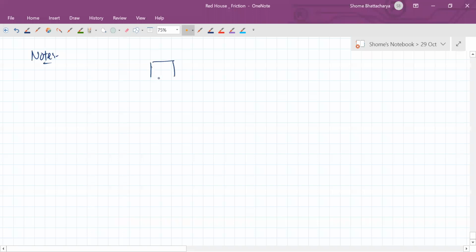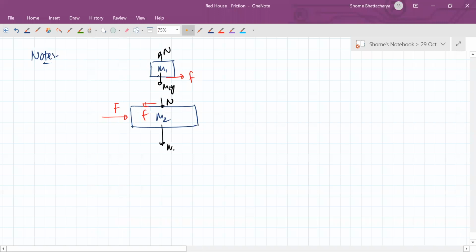If you look at the free body diagram of M1 and M2 separately, it doesn't matter whether there's slipping occurring or not. Okay. In this one there are two forces acting horizontally, whereas here there is only one force acting horizontally. Of course, there are vertical forces. They are like this: normal reaction here, weight here, some normal reaction from the ground.